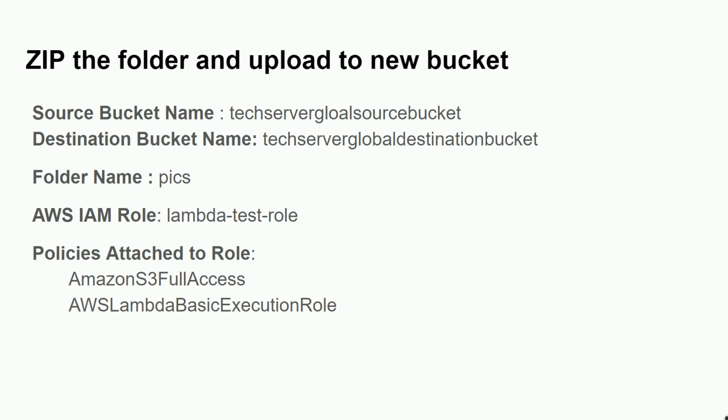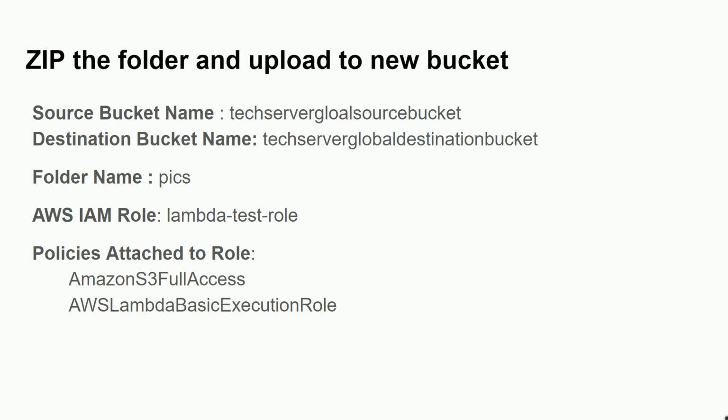Whenever I run that Lambda function, it will automatically zip your folder and upload it to the destination bucket with a certain file name. In this example, I have created two buckets, a source bucket, TechSaver Global source bucket, and a destination bucket, TechSaver Global destination bucket. Folder name pix.